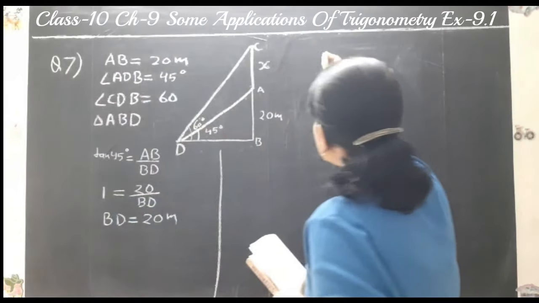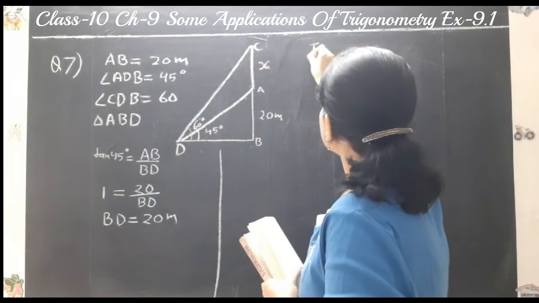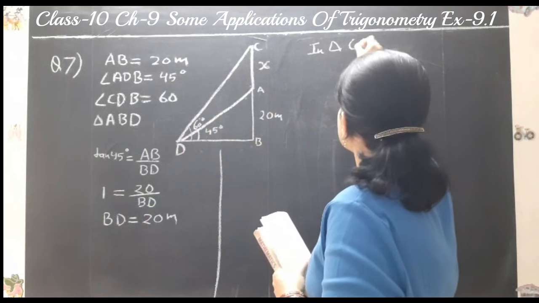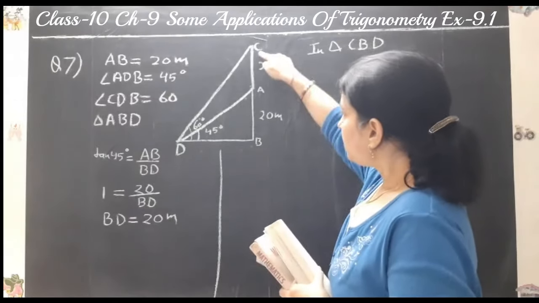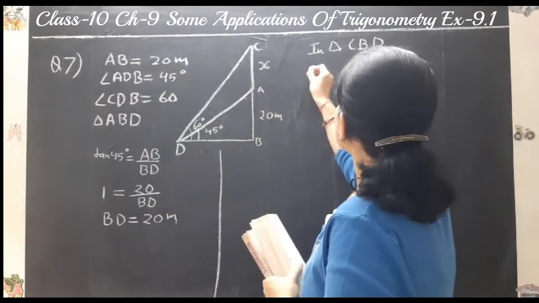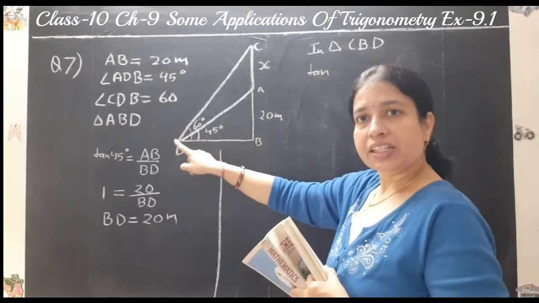Then again in triangle CBD, this one is perpendicular distance and this will be base. So here the angle will be 60 degrees.